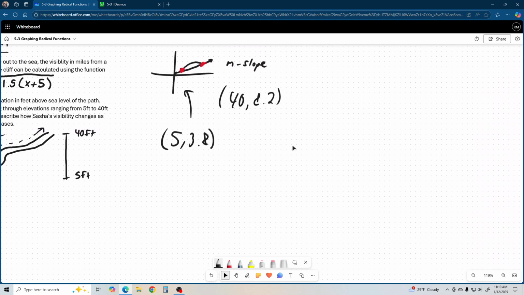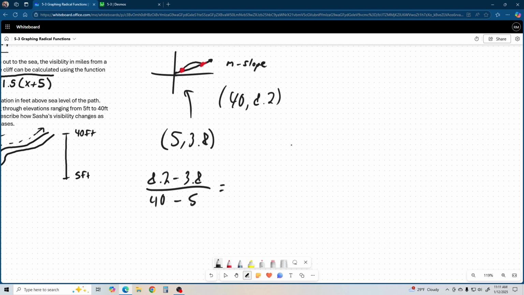And now we're just going to use the slope formula, right? So in other words, y2 minus y1, so 8.2 minus 3.8, over x2 minus x1, so 40 minus 5.